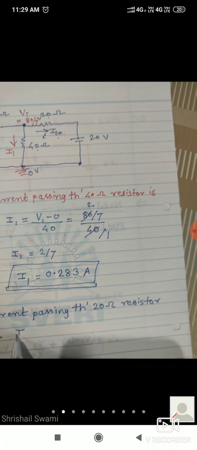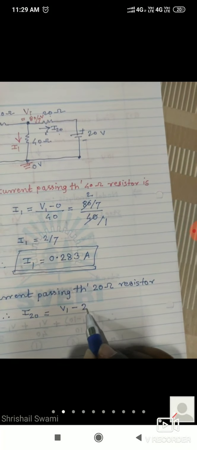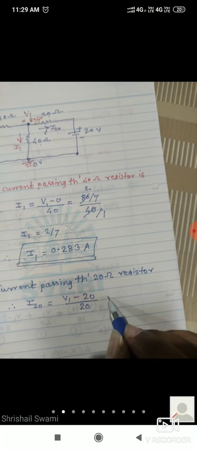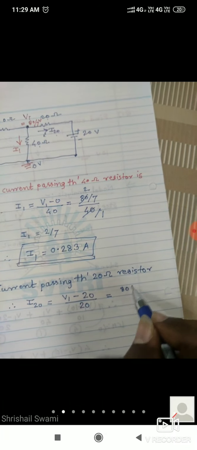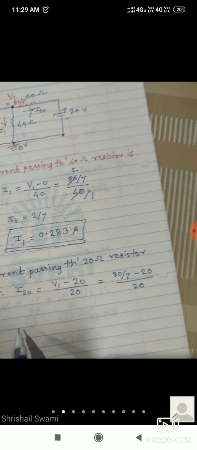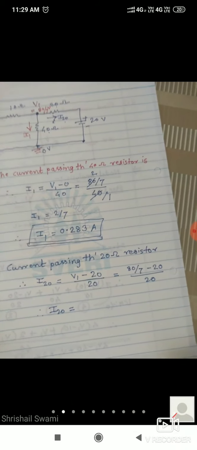So I20 is equal to V1 minus 20, divided by the 20 ohm resistor. So what is the V1 value? 80 divided by 7 minus 20, divided by 20. So solve this and tell the answer. What is the answer here?